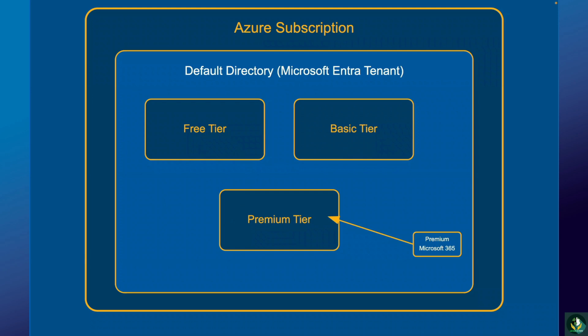Some premium tier features are automatically included in Microsoft Entra instances generated as part of Microsoft 365 subscriptions. This integration provides enhanced identity management capabilities for Microsoft 365 users without requiring a separate premium tier subscription.